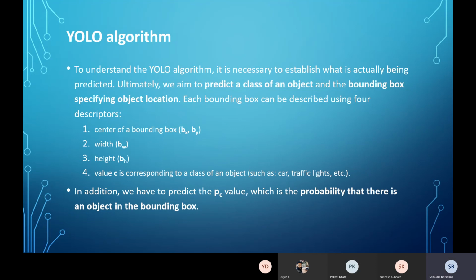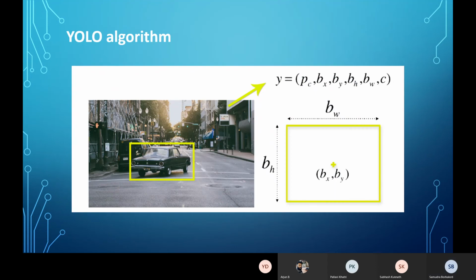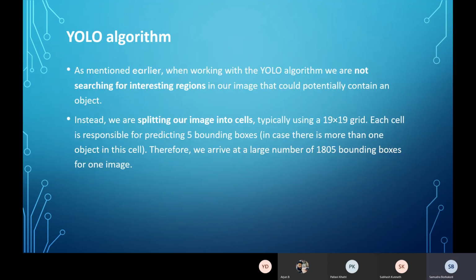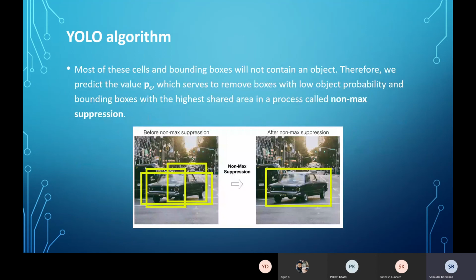So it keeps on making bounding boxes, which are kind of like rectangles like this. There'll be multiple of them. It keeps on guessing what the object is and where it could be, based on edges or colors or stuff like that.